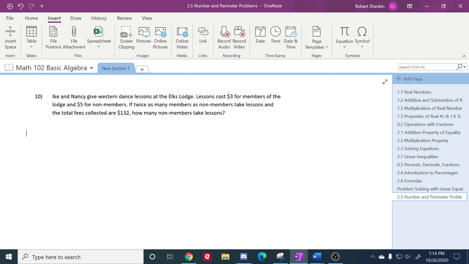All right, the first reaction is to put something around my head because I have a big headache. This seems confusing as hell. But if I guess a really small number for one of these, it helps me get oriented. So after I panic and have a headache and then come back to this, I say, all right, what's being asked for? They ask for how many non-members take lessons.